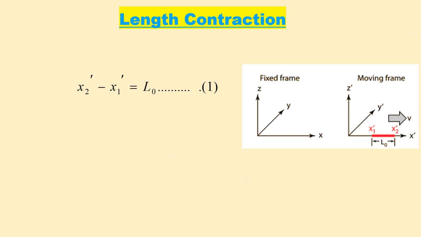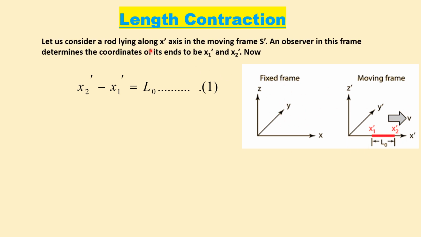So measurement of length and time intervals are affected by relative motion. If we see one frame of reference moving with some velocity v, and there is another fixed frame, and a rod of length L naught in the moving frame was measured by the observer in this moving frame when it was at rest, so it is L naught.